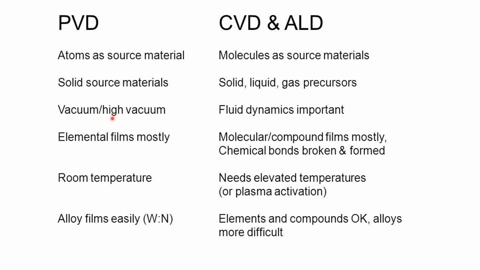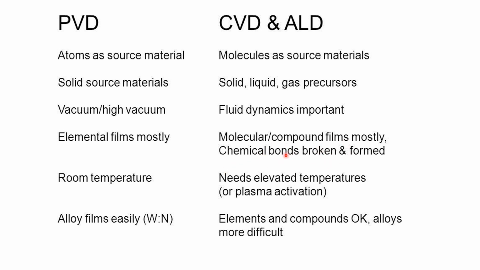PVD systems need very high vacuum, whereas in CVD the fluid dynamics or gas dynamics is important. In PVD most of the time we can deposit elemental films, whereas in CVD we can deposit molecular or compound films.